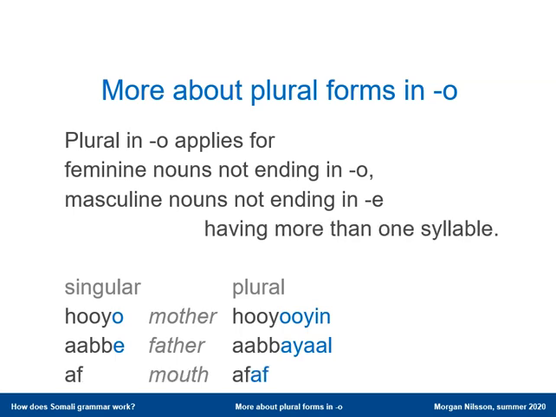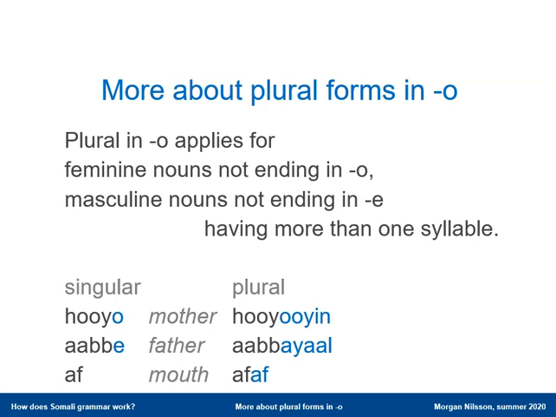And the third type of nouns that do not belong to the group of nouns taking the plural ending o are masculine nouns with only one syllable in the singular. And there, in that group of nouns, we find, for example, af, which has only one syllable and is masculine.